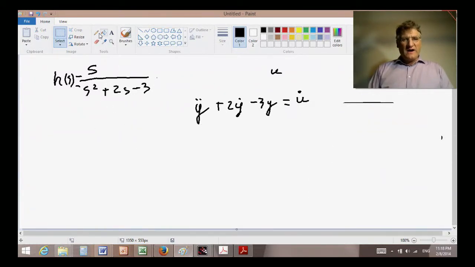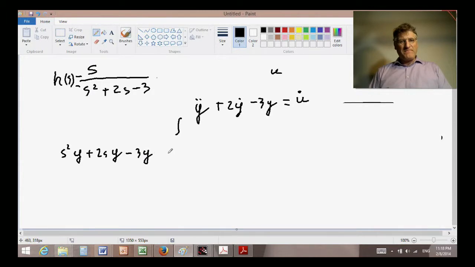So let me define the following. I'm going to first integrate this equation once. Another way of saying it is that if my initial equation was s squared times y plus 2s times y minus 3y is equal to s times u, I'm going to divide everything by s, and I'm going to call z is equal to y over s. What do I obtain?